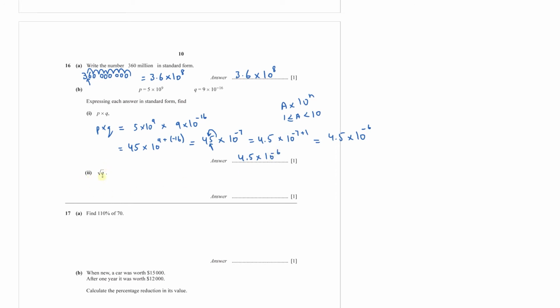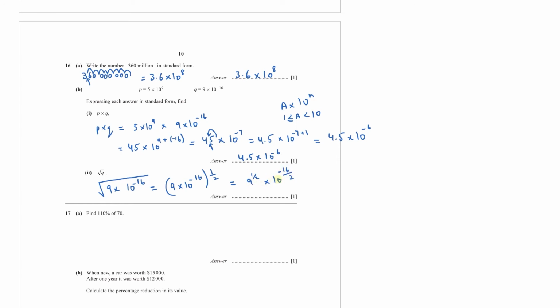Part 2 is you have to find the under root of q. So q is given by 9 into 10 power minus 16, and you have to find the under root here. So the under root is the same as 9 into 10 power minus 16, whole power 1 by 2. If I bring the powers inside, I will get 9 power 1 by 2 into 10 power minus 16 by 2.